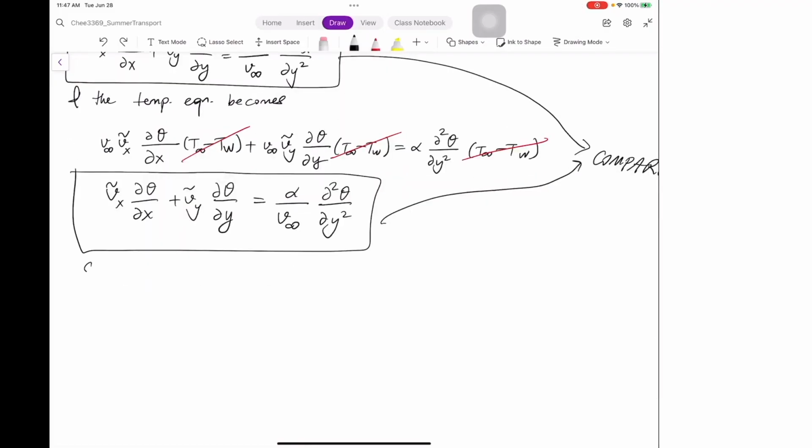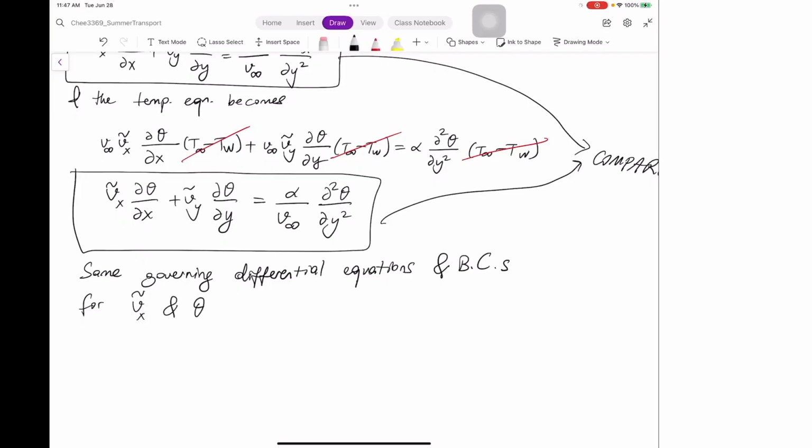So we say that we have the same governing differential equations and boundary conditions for Vx tilde and theta, as long as nu is approximately equal to alpha.